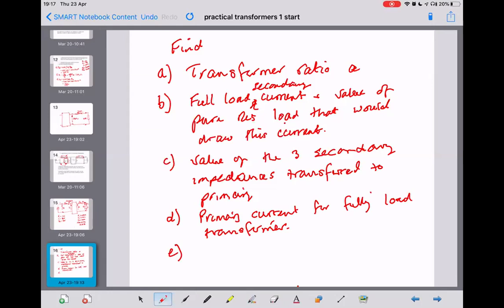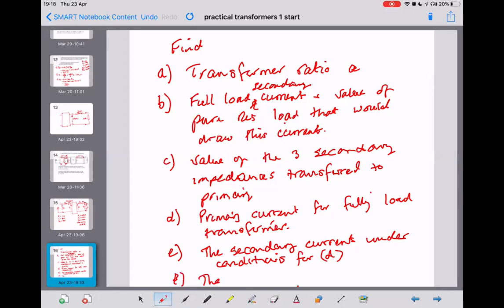E, the secondary current under the same conditions as part D. And F, the apparent power to the load under these conditions.